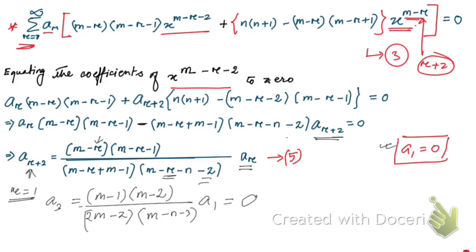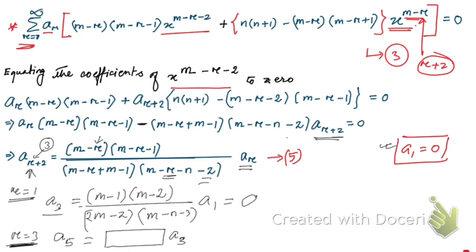Similarly, if you put odd values of r, r equal to 3, then you will get a5, sorry, not a4, a5. If you put here r is equal to 3, then you're going to have a5, and there will be something into a3.